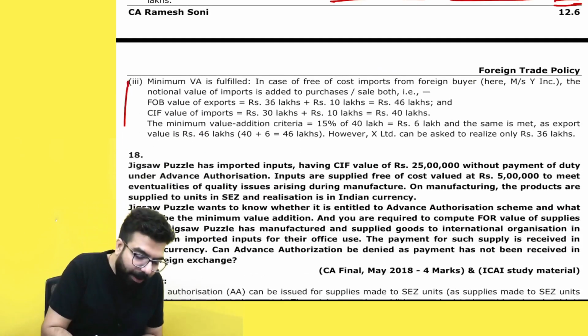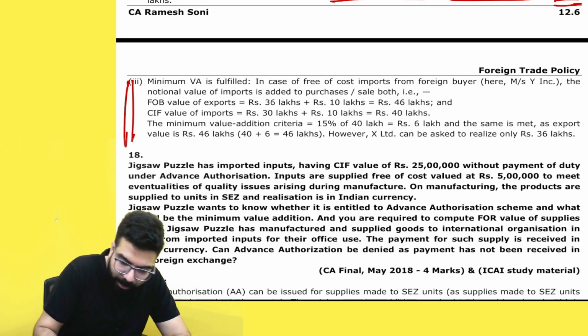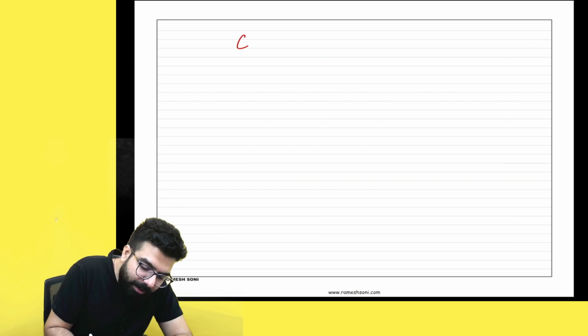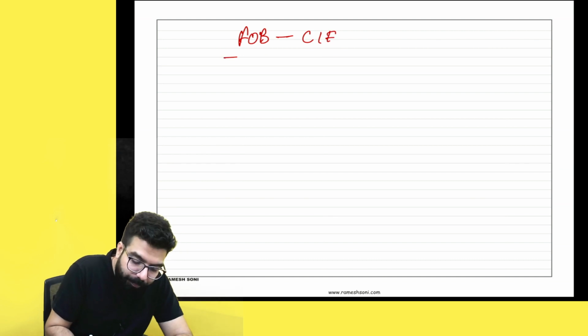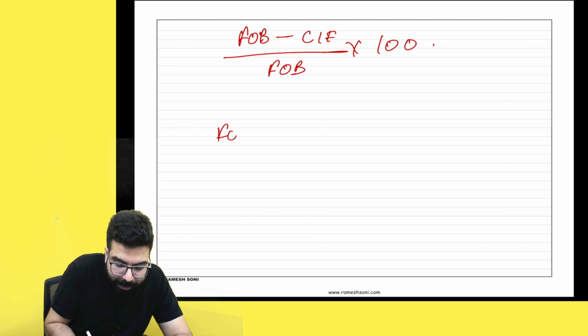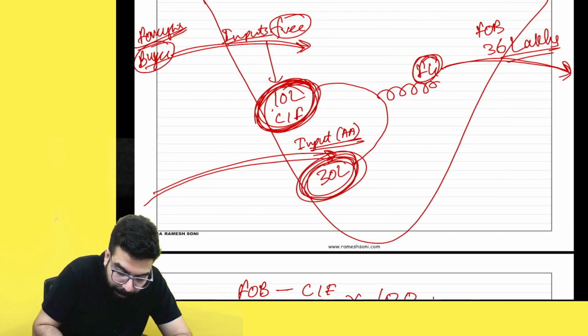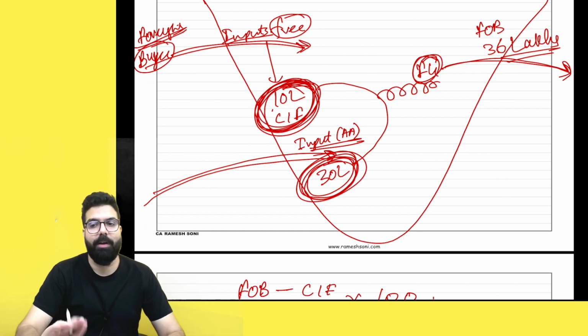Now can you tell me what will be the value addition? You have to remember the value addition should be done like this. Always it is the FOB value minus the CIF value of import, divided by the FOB value into 100. Here when you are taking the CIF value of inputs, you should always take 30 lakh plus this 10 lakh rupees of free item which was given also has to be taken.